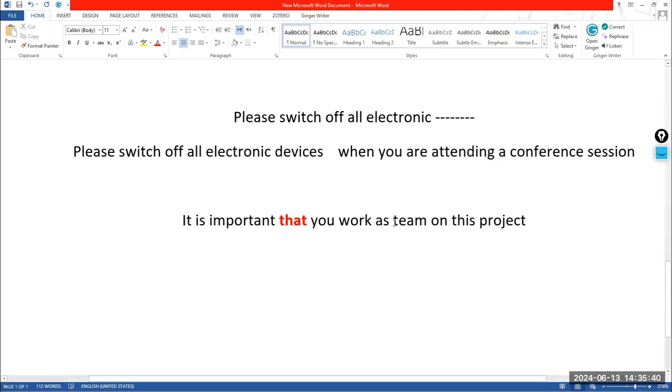As a team, exactly. This is singular, not team. On this project, it's important. To work or that you work? I think it's not that you work, but I think it's important that you.